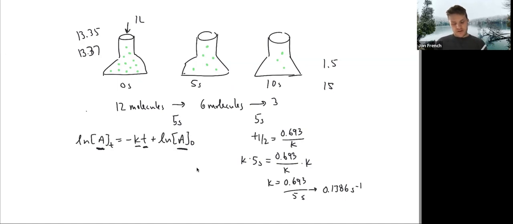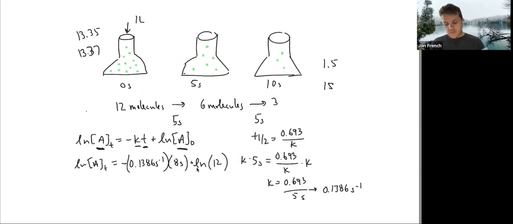So plug everything in. Natural log of concentration at time t, that's our unknown, equals negative k, 0.1386 inverse seconds, time is 8 seconds, and then we're going to call our initial concentration 12 molar because we have 12 molecules in a 1 liter flask. So plus the natural log of 12.